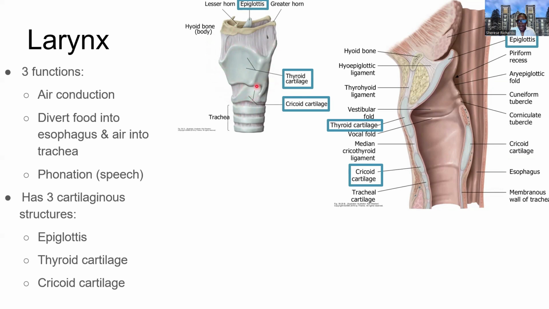All of this together forms the larynx, and then superiorly, these are attached to the hyoid bone by way of membranes and ligaments, and then anchored by way of some of the strap muscles that I'll talk about later. This is important in speech, air conduction, and controlling the movement of food throughout the larynx.